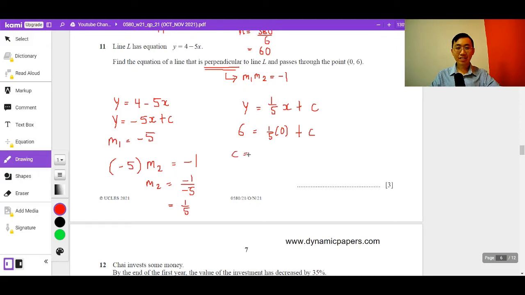So you straight away get c equals 6. Alright, don't forget the question is find the equation, so you have to write the equation now. So y equals 1/5x plus 6. There you go. So these 3 marks right here are definitely finding your gradient, finding your y-intercept, and the correct answer for here. One more mark.